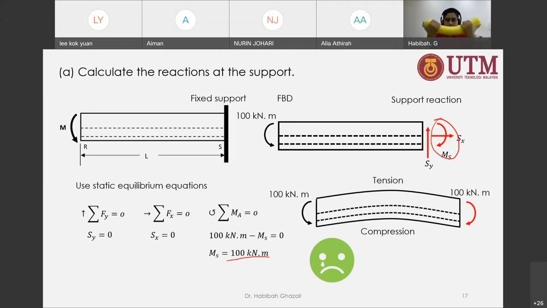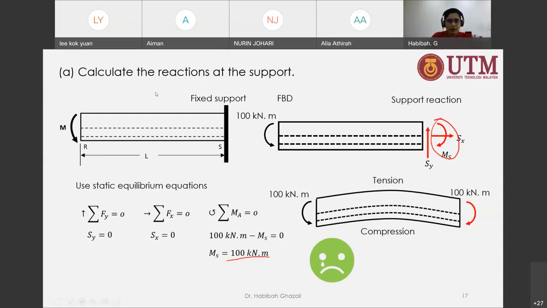When it's a smiley face, the compression happens at the top and the tension happens at the bottom. So always have something that's flexible with you to help and guide you to answer the question. Okay, so that's for the reaction support.